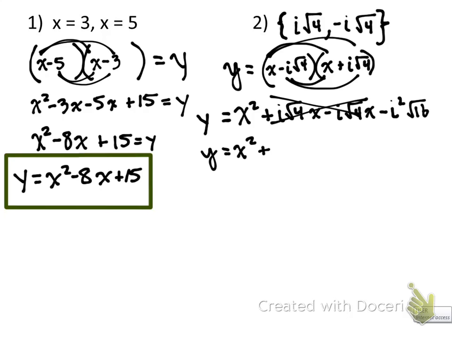Oh, and this is actually supposed to be a positive here. This is a positive sign, right? Because we have negative times the negative. Oh, no, that's right. So we got a negative negative is a positive 4. And that's your answer right here. Sorry about that.